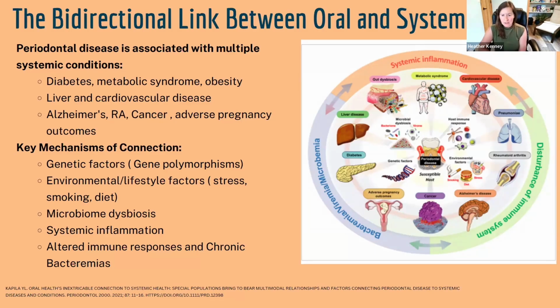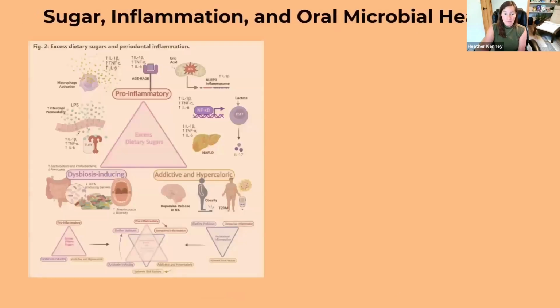We can have dysregulation of the immune system that can drive up that susceptibility for our patients. And then, of course, that bacterial component as well will drive our disease processes. So inflammation, immune dysregulation, and environmental factors all play a role. And of course, hormones and stress can play a role in that bidirectional aspect as well.